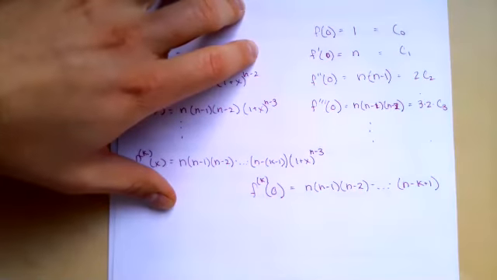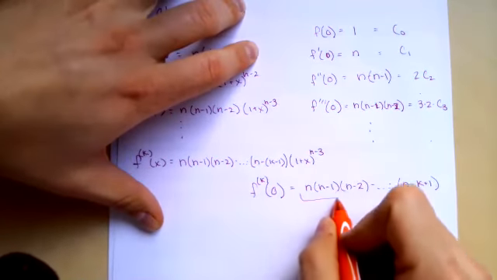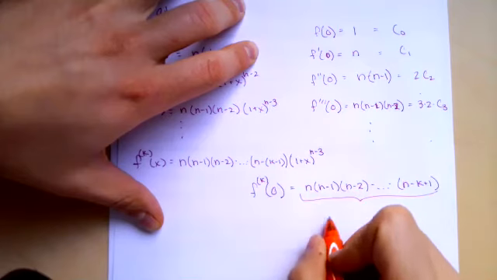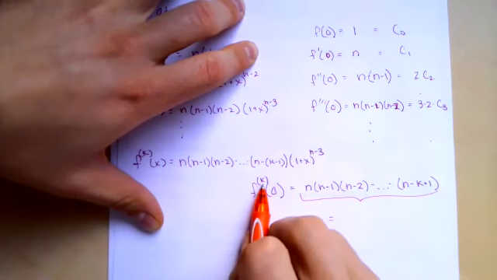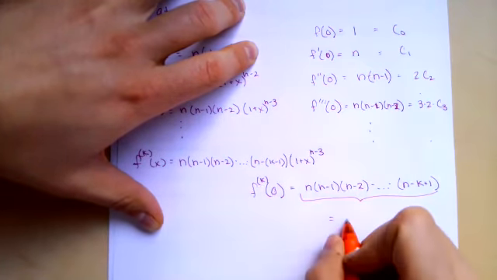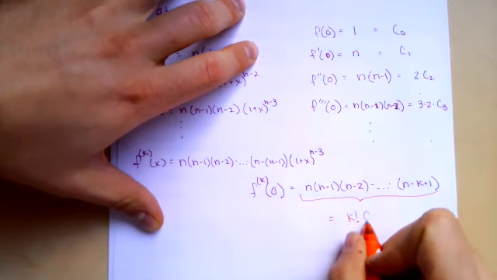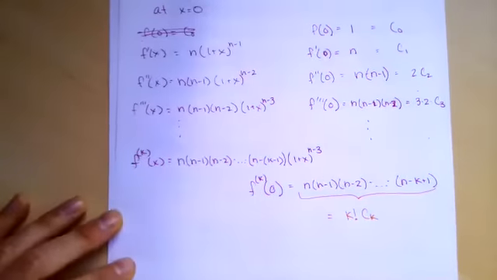And so remember, this guy is not equal to Cn. Since I took k derivatives, it is equal to k factorial times my kth constant.